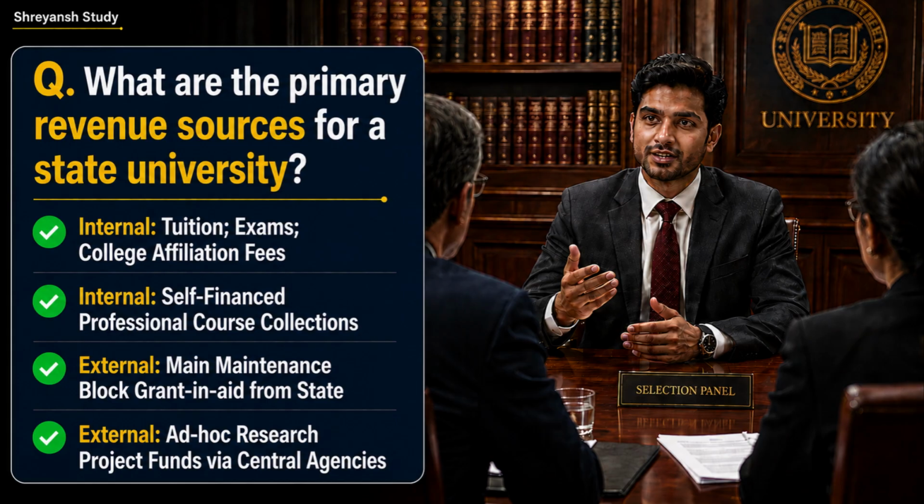External sources: main block or maintenance grants and aid from the state government, development grants from the UGC, and ad hoc research project grants from central agencies, such as DST, CSIR, or ICSSR.